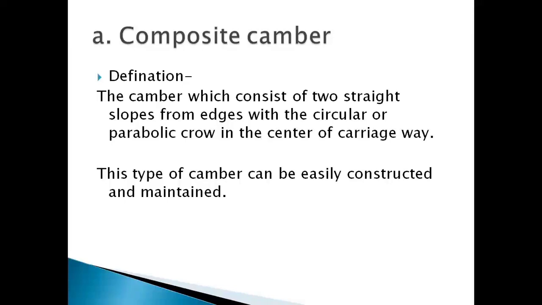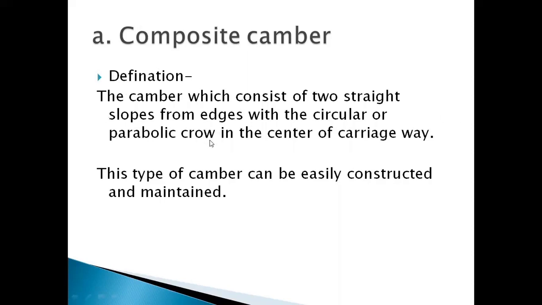What is meant by composite camber? The definition of composite camber is the camber which consists of two straight slopes from the edges with the circular or parabolic crown in the center of carriageway.